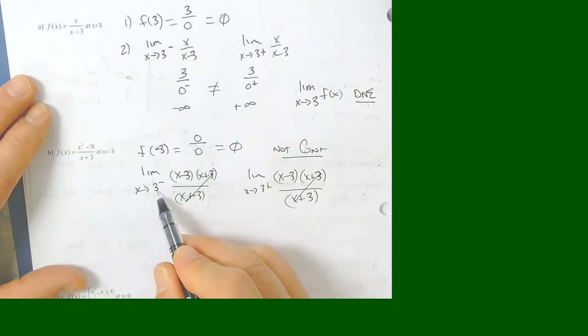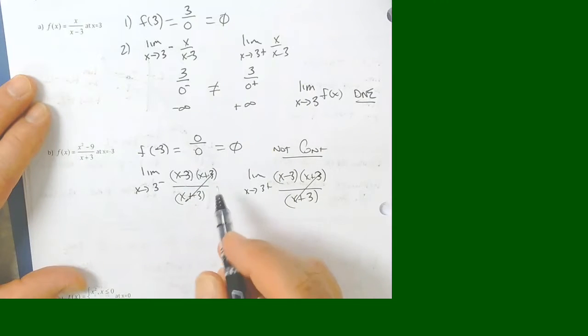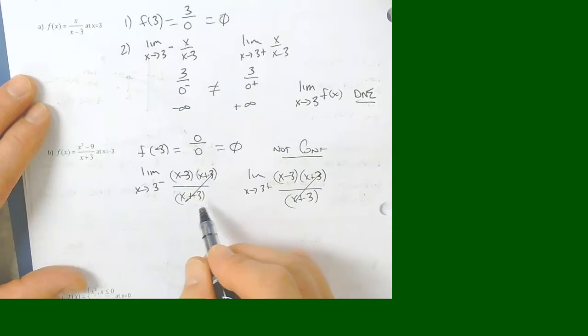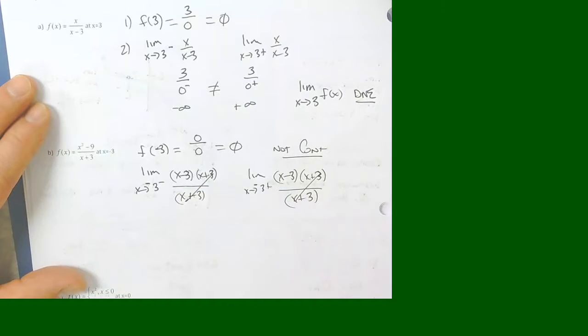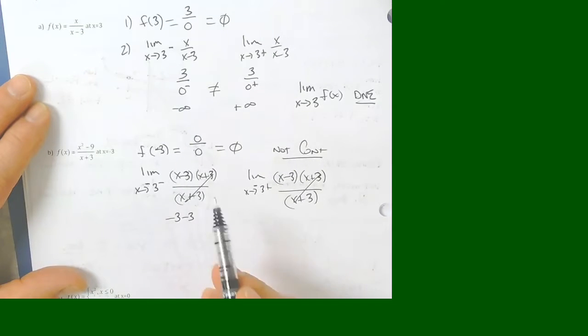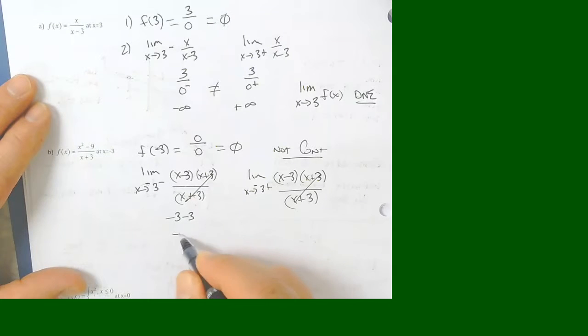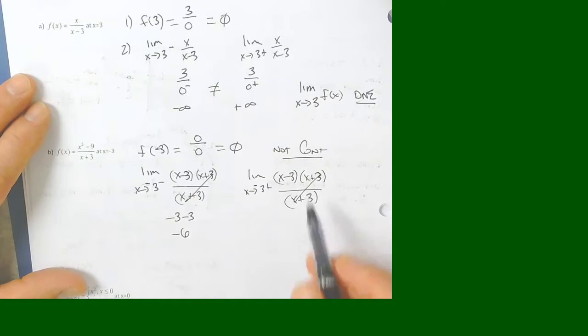We evaluate it. Approaching negative 3 from the left, we're looking at negative 3 minus 3. It's a little bit less than negative 3, but so little that it's essentially negative 3, which gives negative 6.